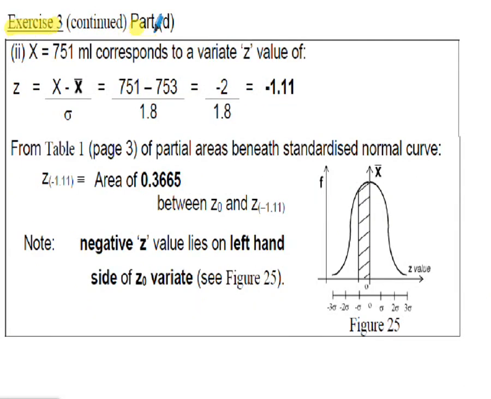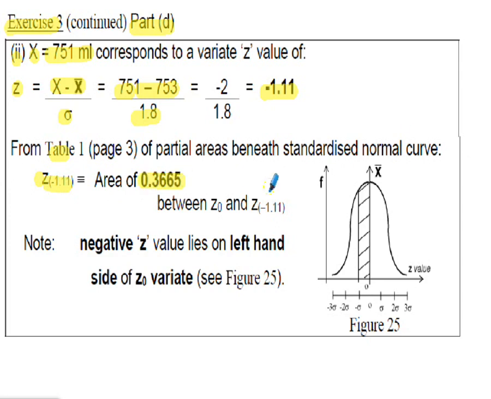Exercise 3, part D continued here. Step 2. We've now got an x value of 751 millilitres from the question. To find the corresponding z value, x take away x bar upon sigma, in this case it's 751 take away 753 upon the 1.8. That gives us a z value of minus 1.11. We're on the left hand side now of our diagram. From our table of partial areas on the previous slide, for a z of minus 1.11, the area is 0.3665.